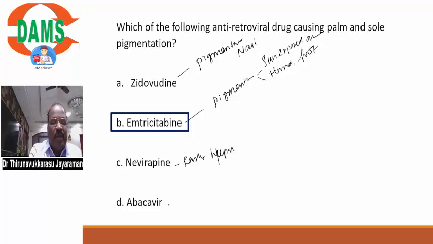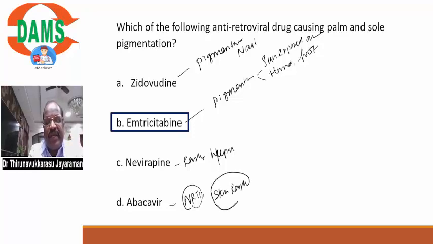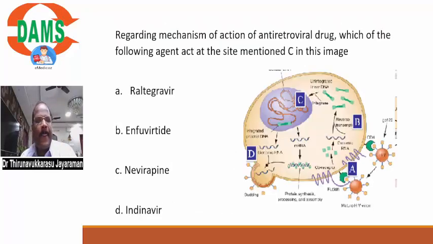Abacavir, an NRTI, causes mainly skin rashes, especially in genetically susceptible people, or may cause sudden MI also. So the answer for the question is option B, emtricitabine.